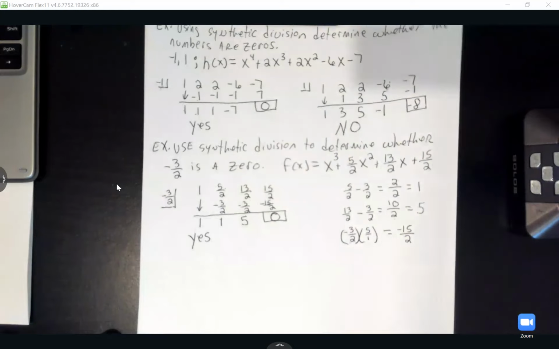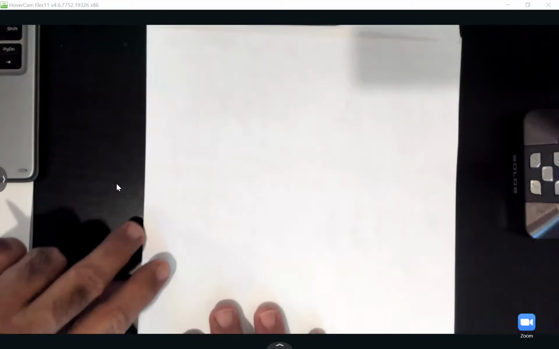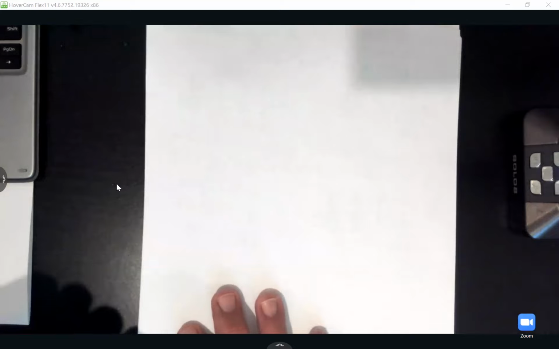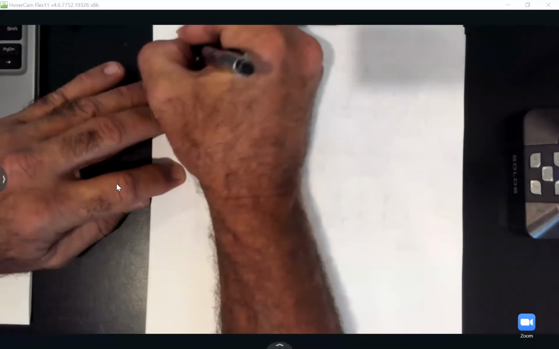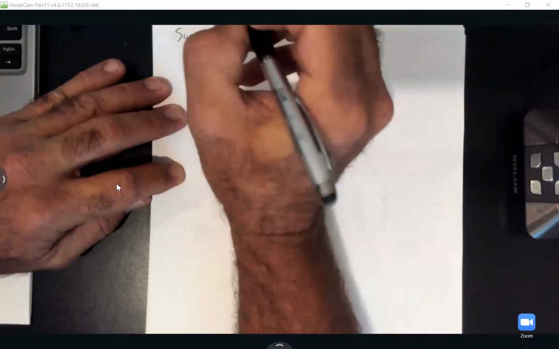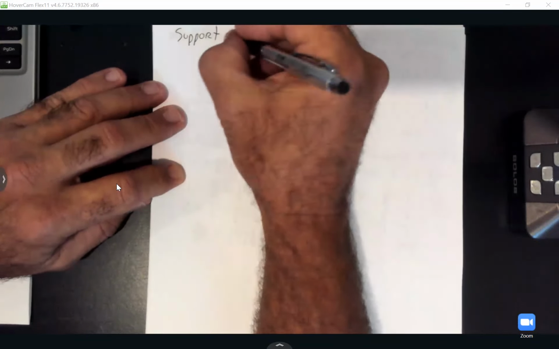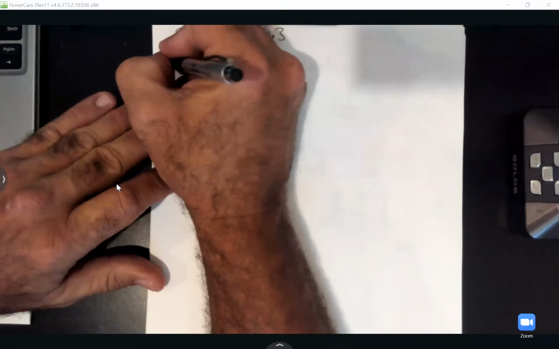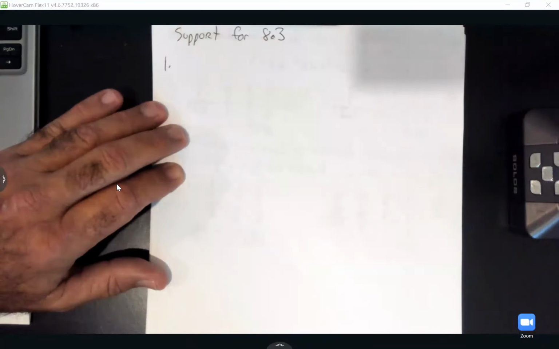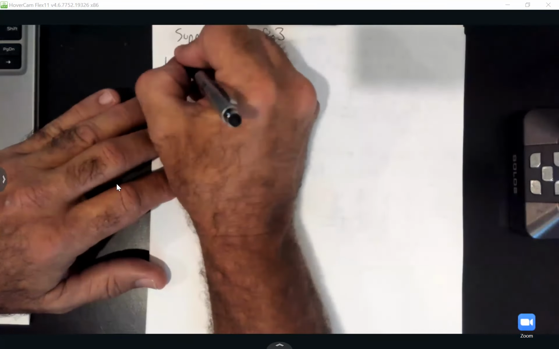All righty, y'all, so I'm going to turn the page, and we're going to do some support problems. So these are support for 8.3. And then I'll explain this in a second.